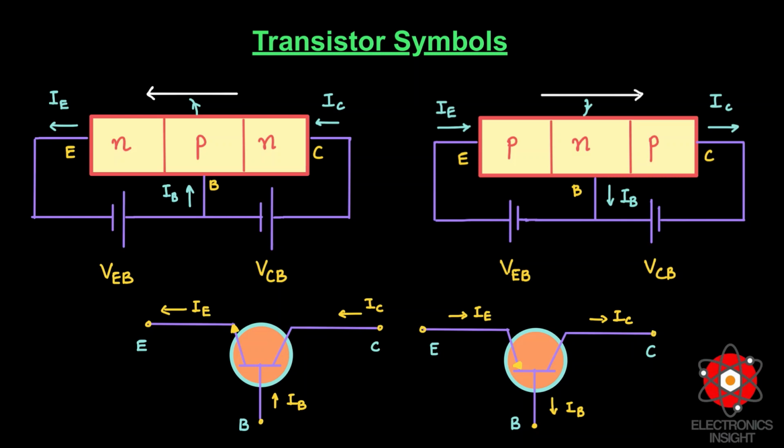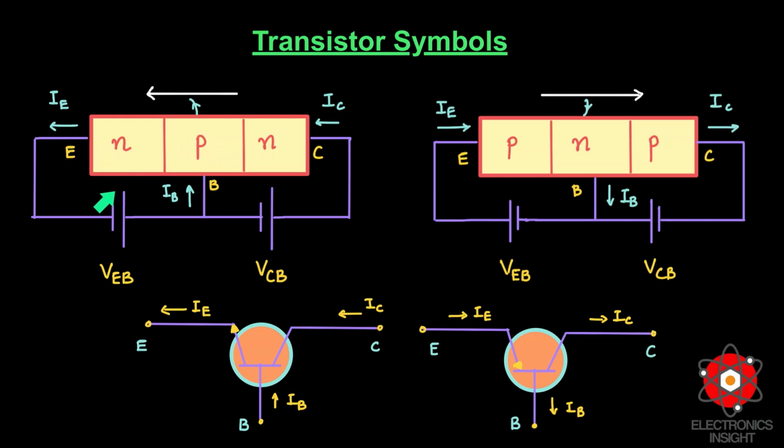So it is understood that the conventional current flow is opposite to the movement of charge carriers. The emitter is supplying the majority electrons towards the base, and therefore the emitter current is shown with an outward arrow. The forward bias, which is causing the electrons in the n-type emitter to flow towards the base, constitutes the emitter current IE.